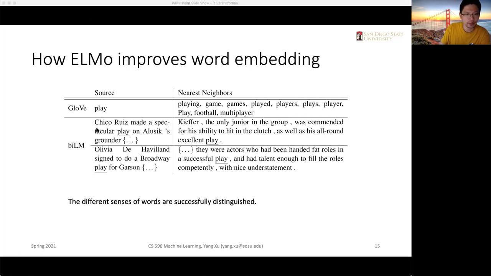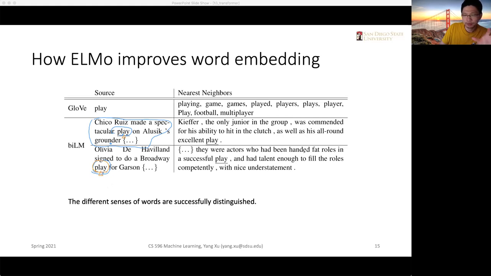For example, when the input is "Chico Ruiz made a spectacular play on a Luis grounder," this word play has a different meaning from this other play. The second play means a Broadway play, a drama play, right? So a good model should be able to assign different meanings to these two plays.